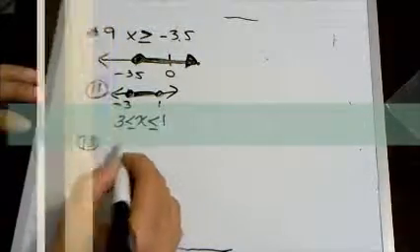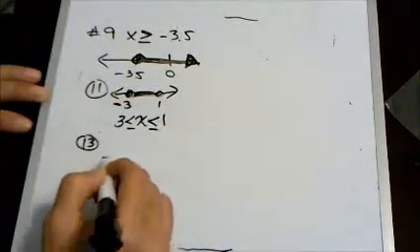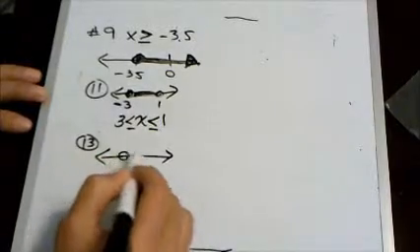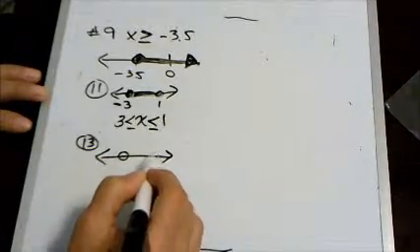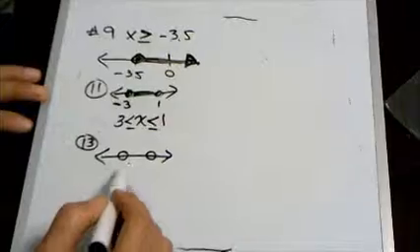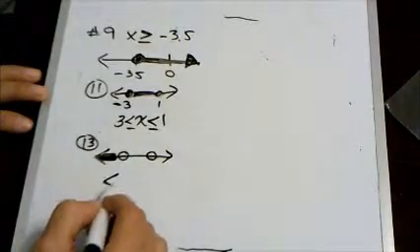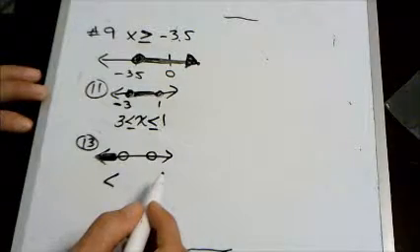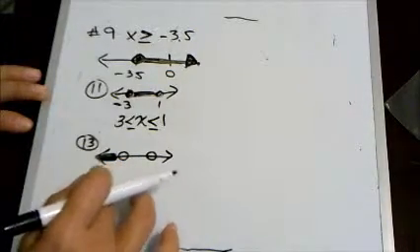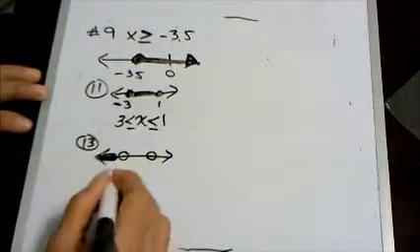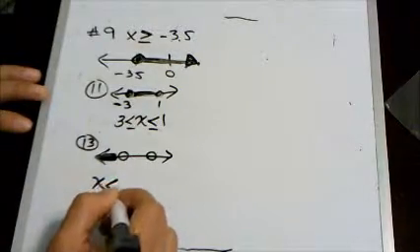Number 13, you have two different. You have a circle here and a circle here, and they're not colored in. And this end is right here, so this is going to be pointing to the smaller number. Hold on. X is your smaller number, so it's pointing.